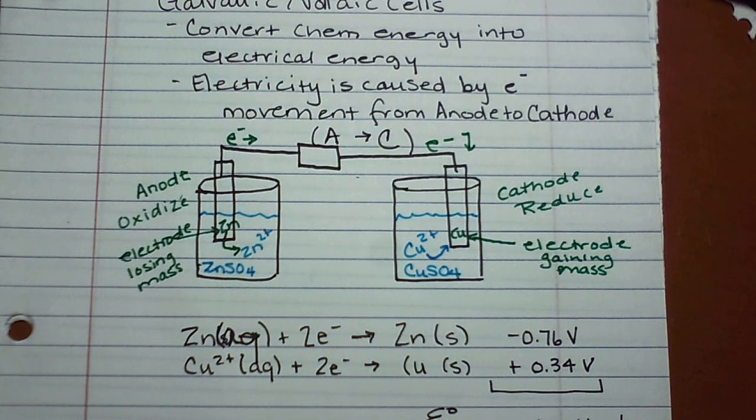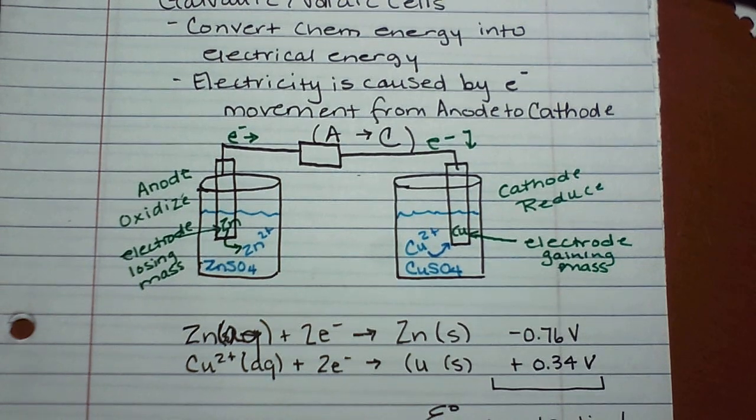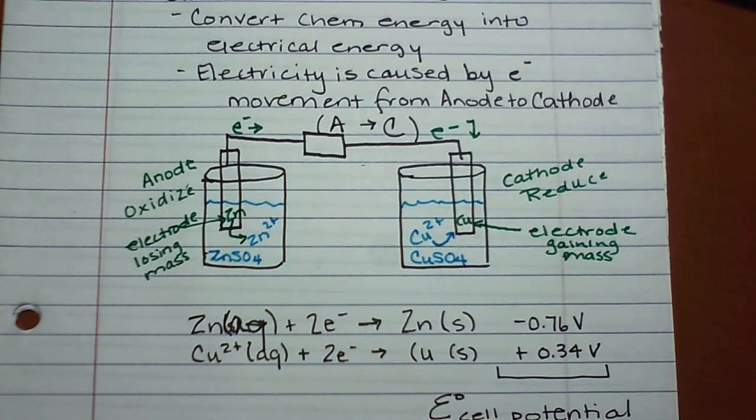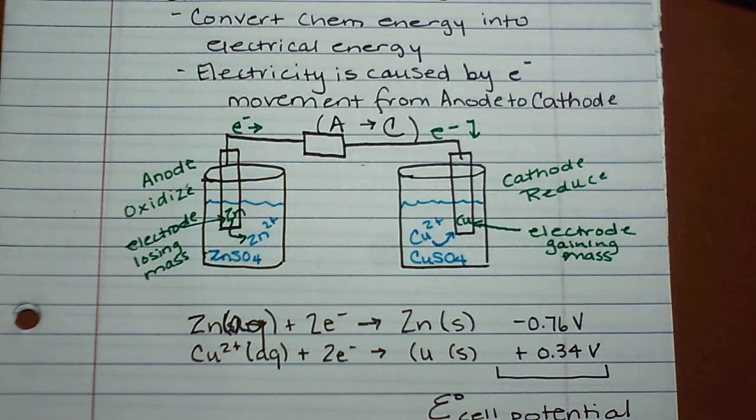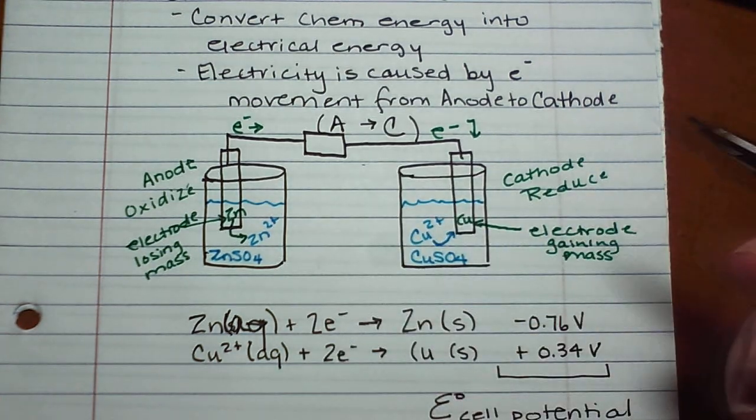So how do we know what the cell potential is here? How do we know what the actual potential of this cell is? You see, a battery runs based on the cell potential. And so what's going to happen is, if we don't do something about this, back up a second. What about the salt bridge?